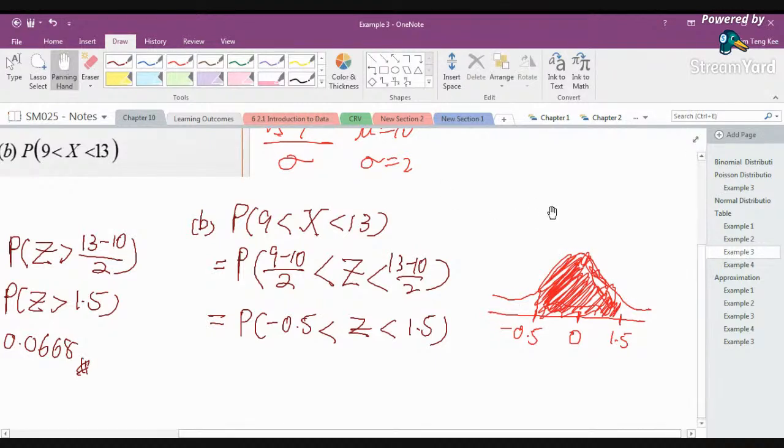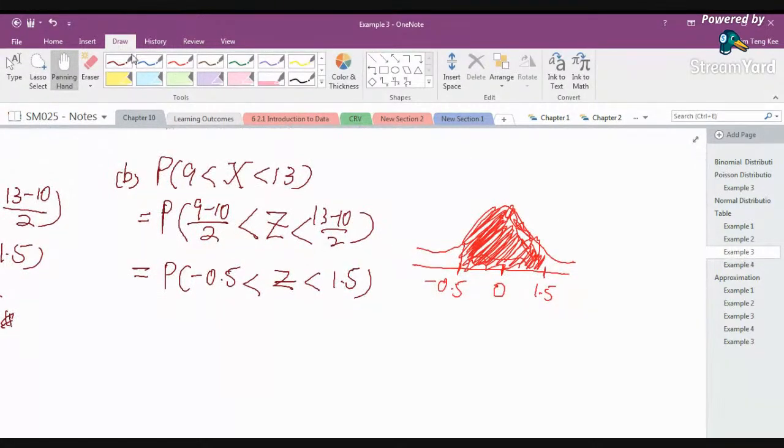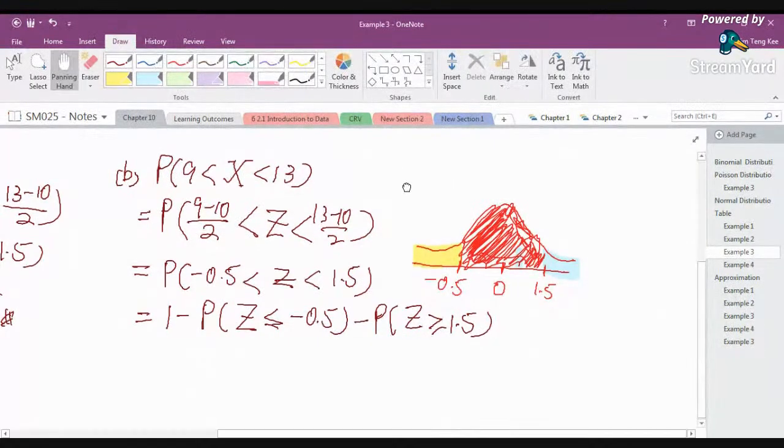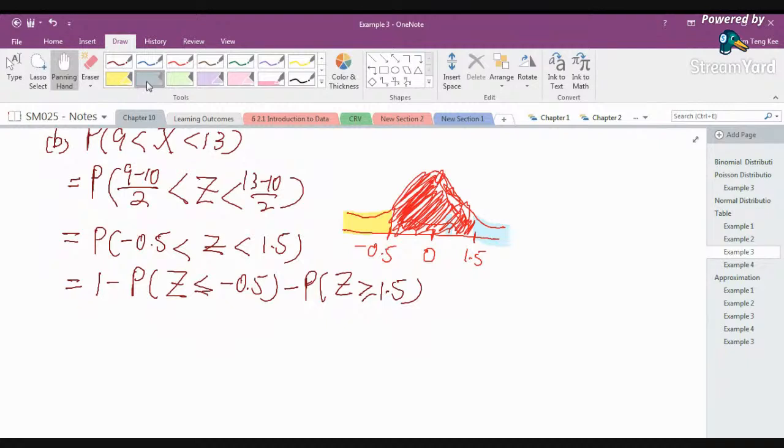To get this region shaded in red, we use 1 minus the regions highlighted in yellow and blue, which is equivalent to 1 minus P(Z less than or equal to negative 0.5) minus P(Z greater than or equal to 1.5). So this is the region in blue. This is the region in yellow.